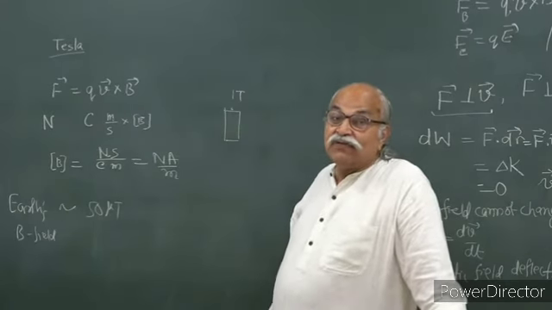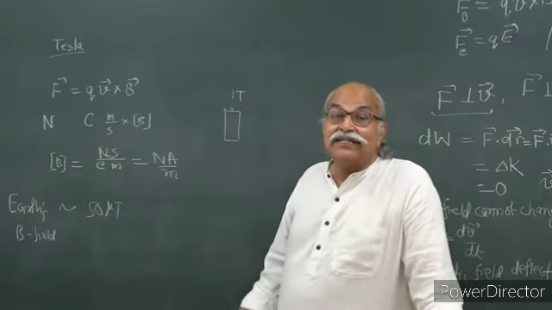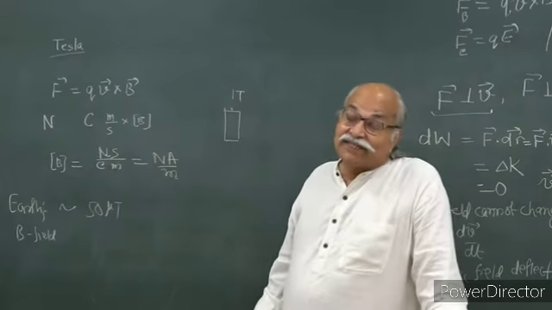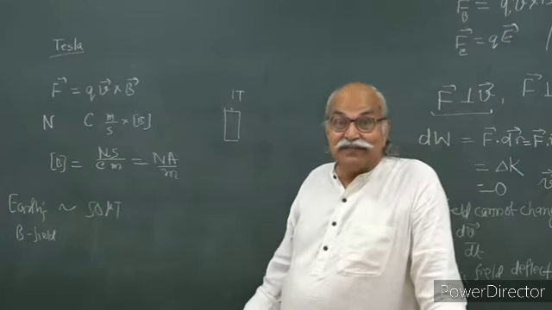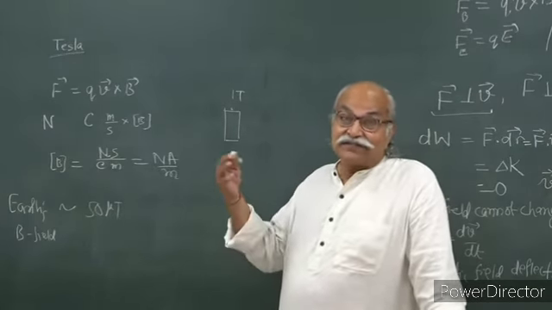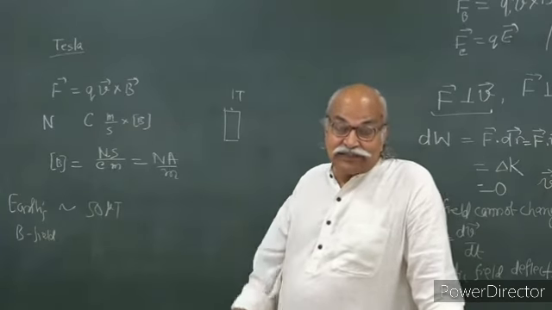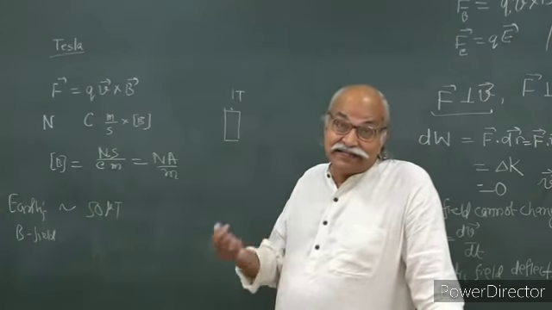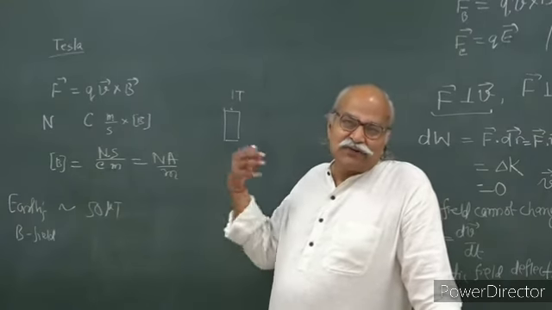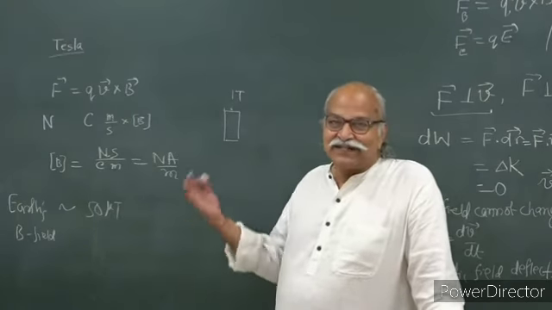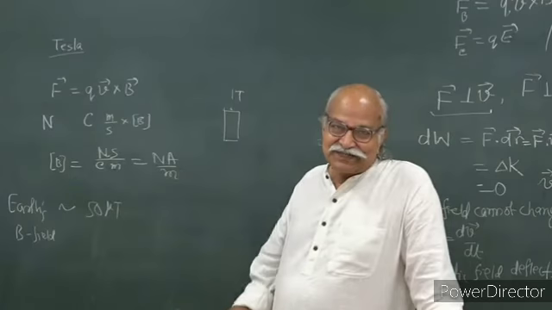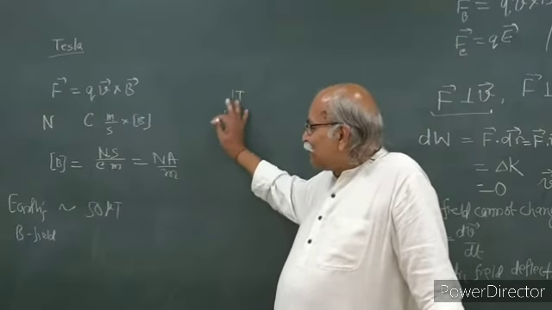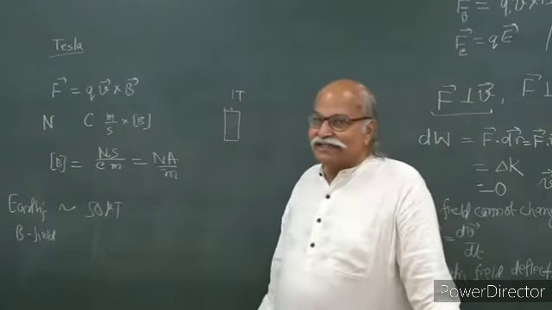But if you want to get 10 Teslas, 20 Teslas, then yes, huge arrangements are to be done, large currents have to be generated in large coils, and then you have all cooling arrangements and superconducting coils and so on.